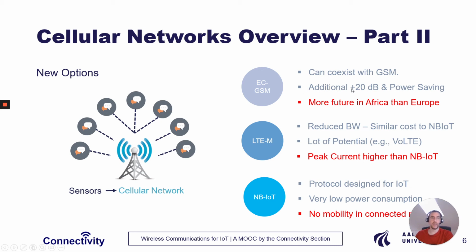But this is a technology that, at least in my opinion, is not very popular in most of the developed countries. This is more interesting for some places, like for example in Africa, where the 4G network is not really mature. That's where you have a nice opportunity. And maybe also in China, there are some opportunities around extended coverage GSM.